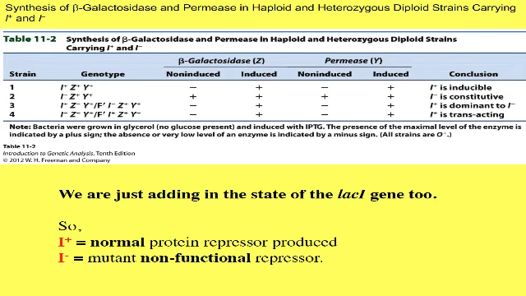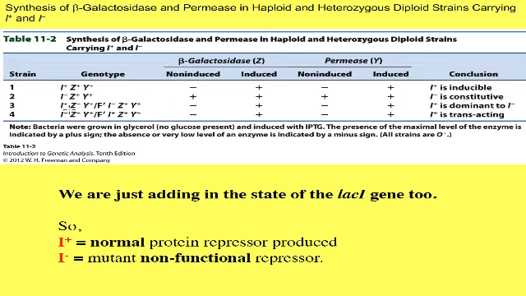The next two experiments are some of my favorite because they illustrate something powerful. Let's look at strain 3. It's a diploid situation where the bacterial chromosome has a broken beta-galactosidase gene, but the plasmid has a non-functional Lac I repressor gene. What happens in this case?